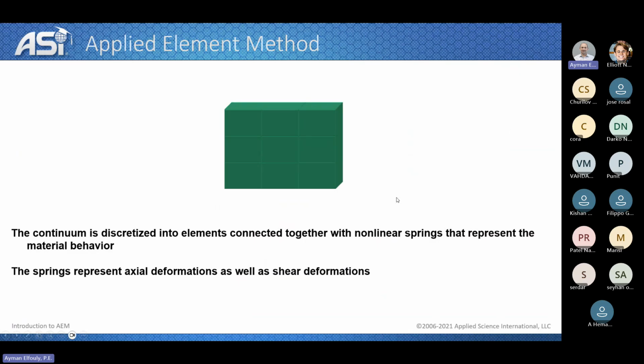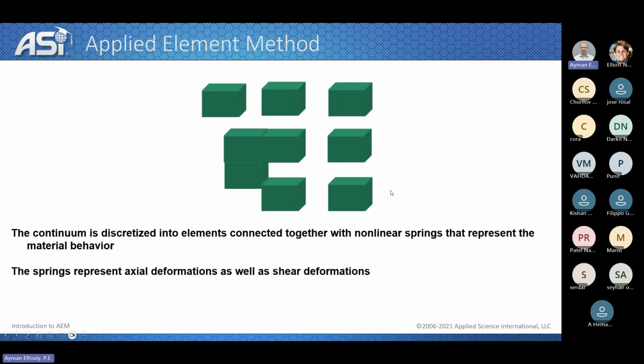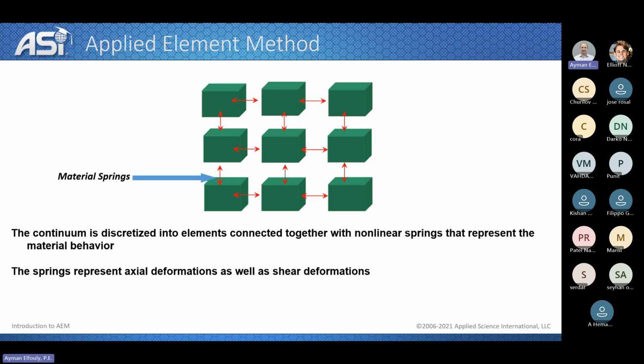The applied element method is a stiffness based method similar to FEM, where we discretize each structure component into smaller elements, and then we connect those elements together with what we call material springs. These springs represent the axial deformations and the shear deformations that happen inside the material.